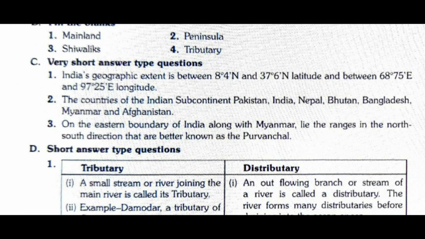Then next come to the very short answer type questions. What is the latitudinal extent of India? India's geographic extent is between 8 degree 4 minute north and 37 degree 6 minute north latitude, and between 68 degree 7 minute east and 97 degree 25 minute east longitude.